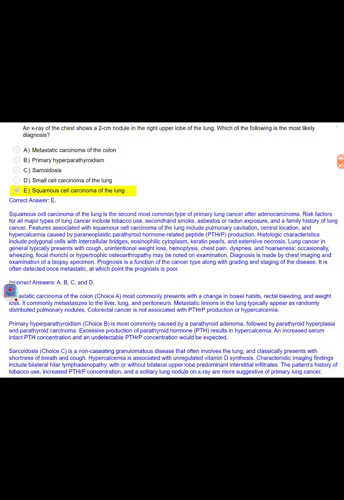Metastatic carcinoma of the colon most commonly presents with a change in bowel habits, rectal bleeding, and weight loss. It commonly metastasizes to liver, lung, and peritoneum. Metastatic lesions in the lung appear as randomly distributed pulmonary nodules. Colorectal cancer is not associated with PTHrP production or hypercalcemia.